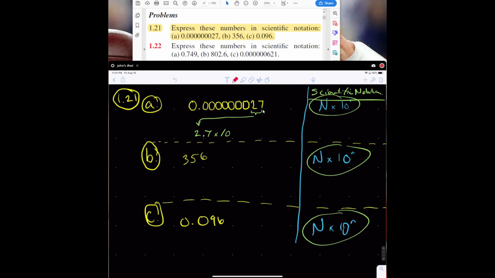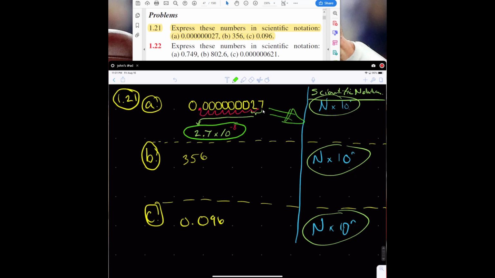Since we're placing our decimal point right between the 2 and the 7, we're going to move it 1, 2, 3, 4, 5, 6, 7, 8. And we're stopping here at 8. So since we moved it 8 spots, this is to the negative 8 power. Okay? And that's essentially the conversion.